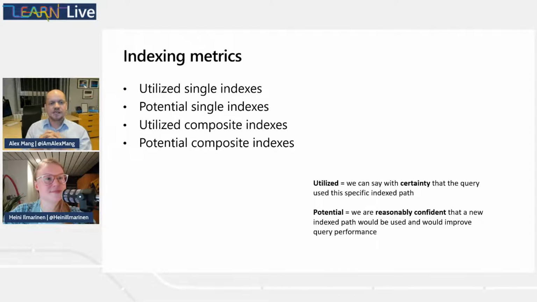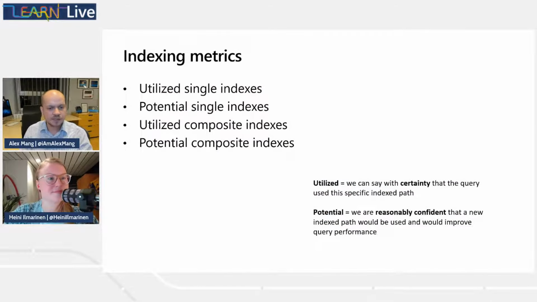You should think of this as kind of an educated guess, something that is calculated. There's no certainty that if you use those paths, the query engine will even use them, or that you would dramatically improve the performance. But there is some internal heuristic at Microsoft, which they utilize, that makes them believe that the recommendation from the engine is reasonable, and therefore the engine will be reasonably confident that by adding those indexes, it will actually improve supposedly the query performance.